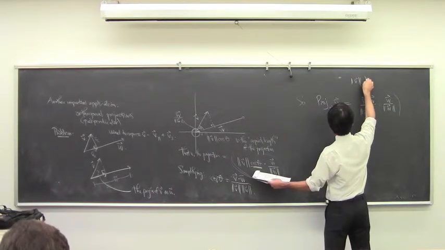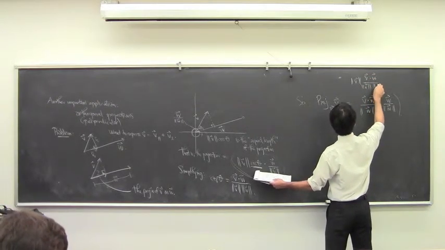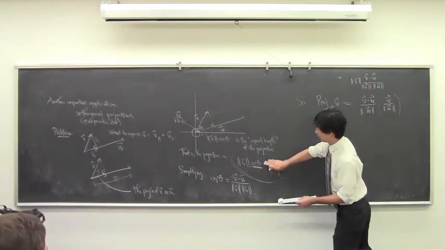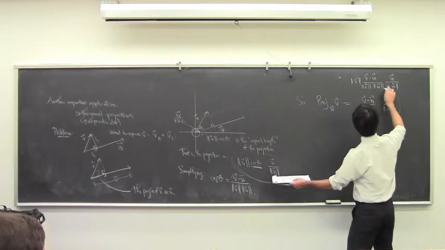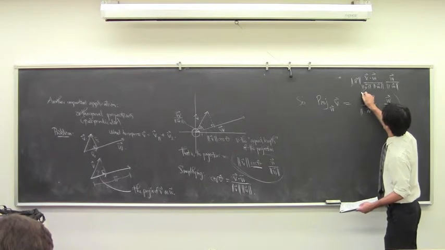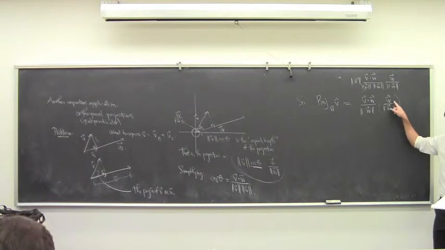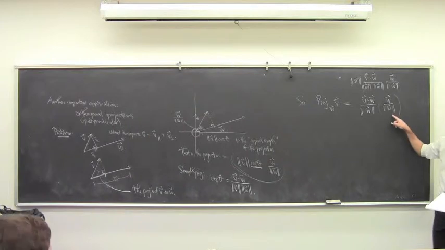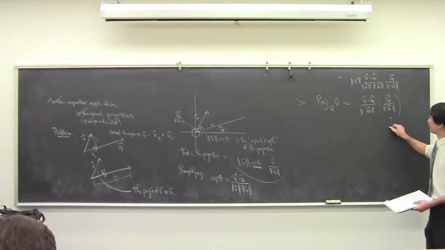Well, the cosine is the dot product over the product of the magnitudes. So this v crosses out here, and you get v dot w over the magnitude of w times w over the magnitude of w.